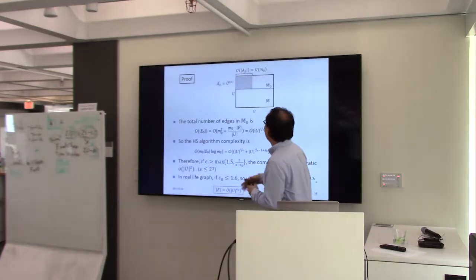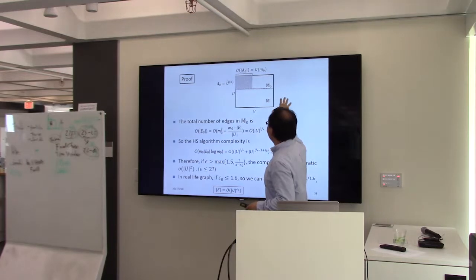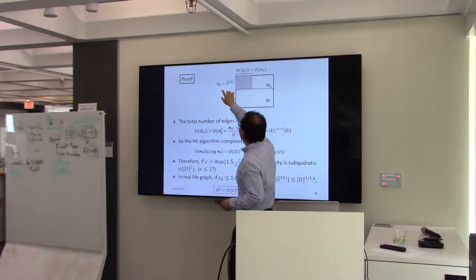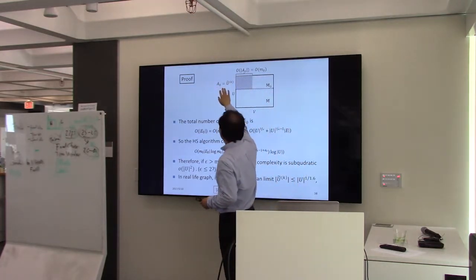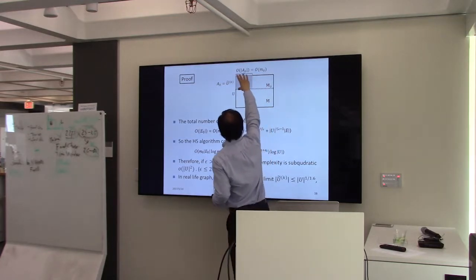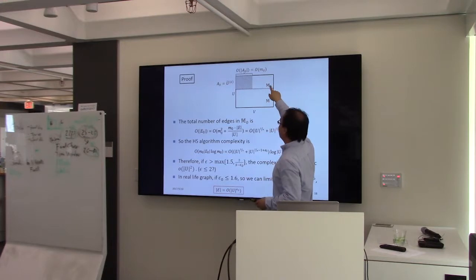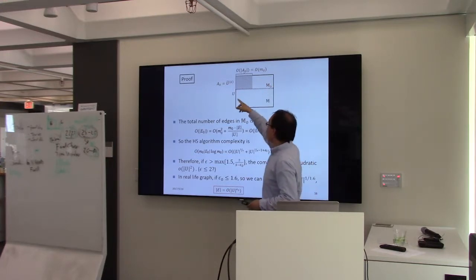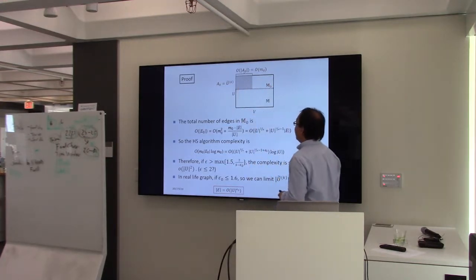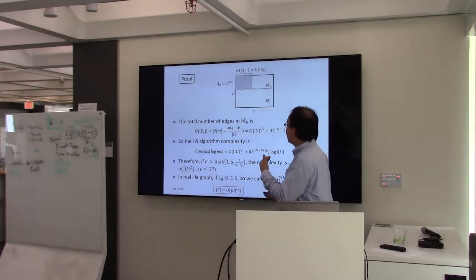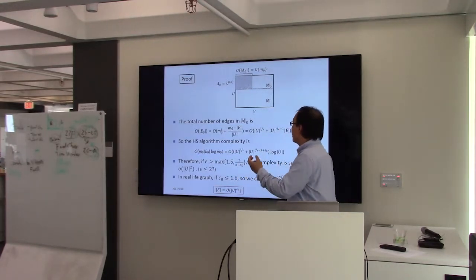This is the proof, and it is also very simple. Our goal is to estimate, if we have a U tilde, how many edges are in M0, which is decided by the group of users from A0.